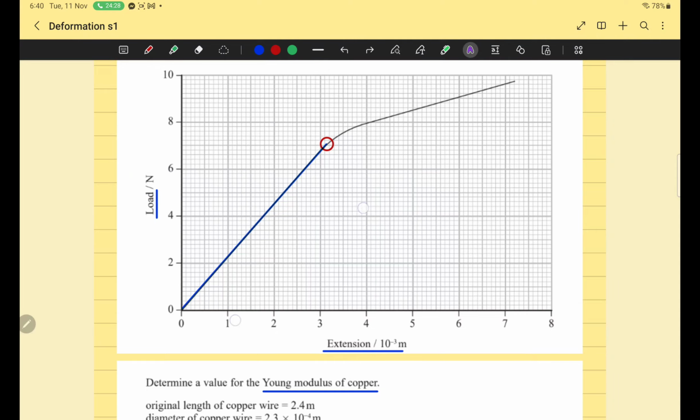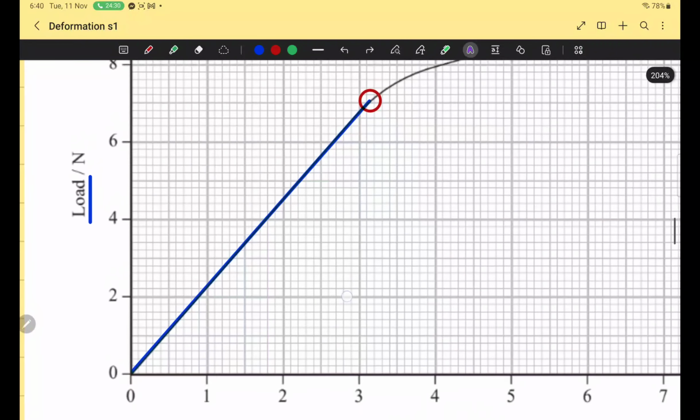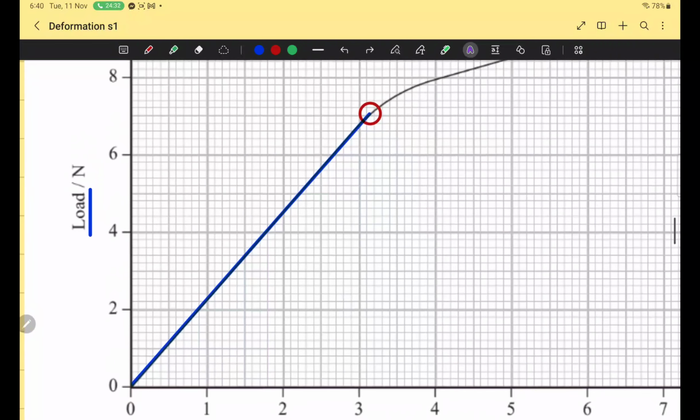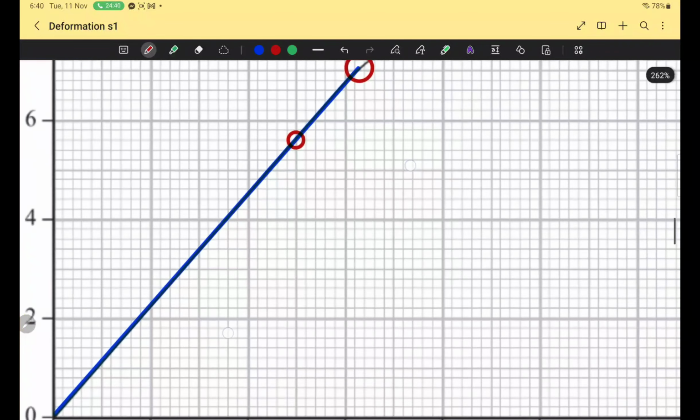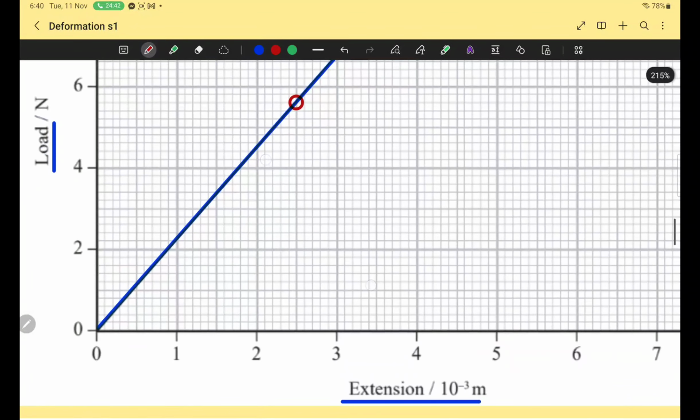So the graph is a straight line, and pick a point on the line which is easy to read. I believe this point is easy to read, and on this point, if I ask you what is the extension? So the extension is 2.5.